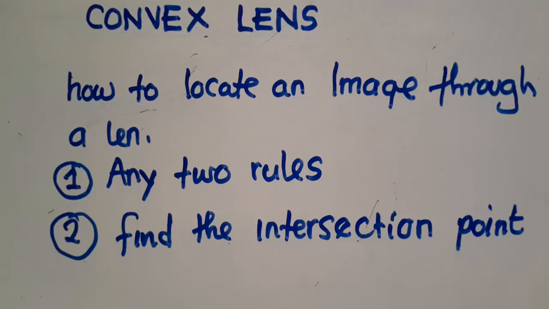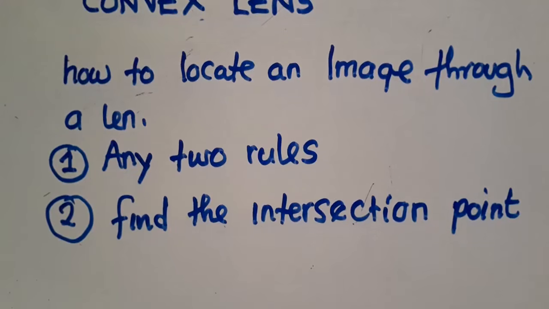So what you need to understand whenever we are talking about this, especially on the intersection part, the first point that you need to know is that if the refracted rays intersect at any point, it means that the image is real.